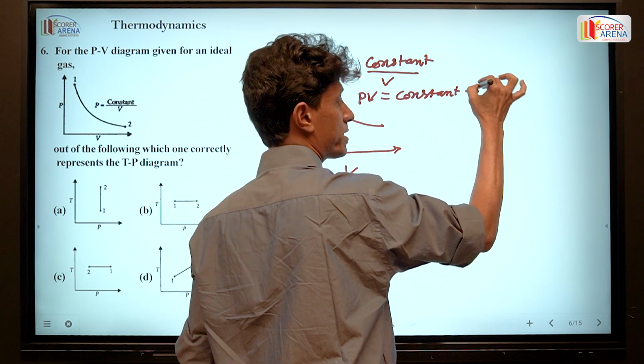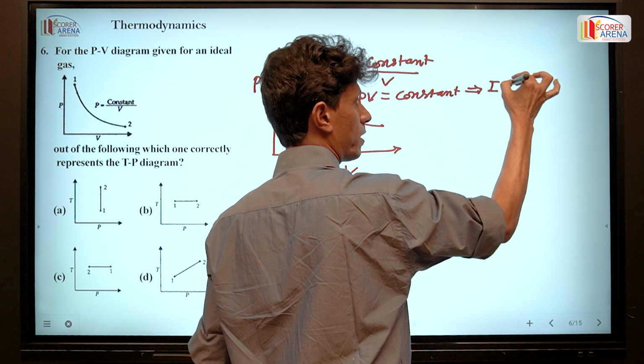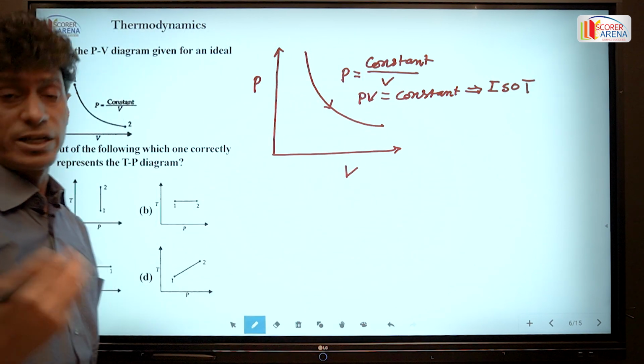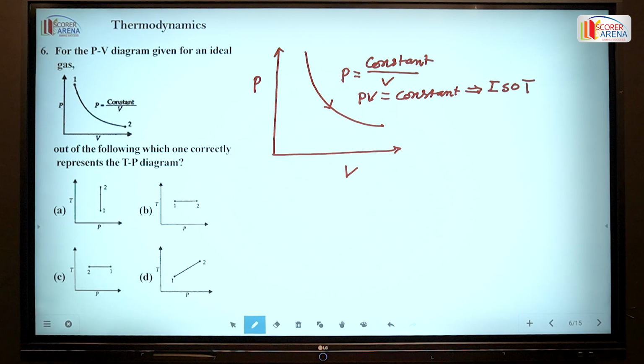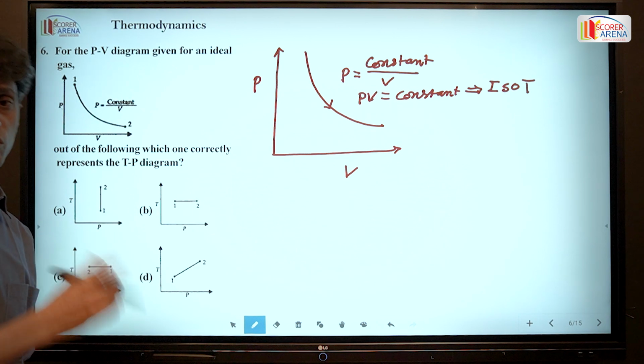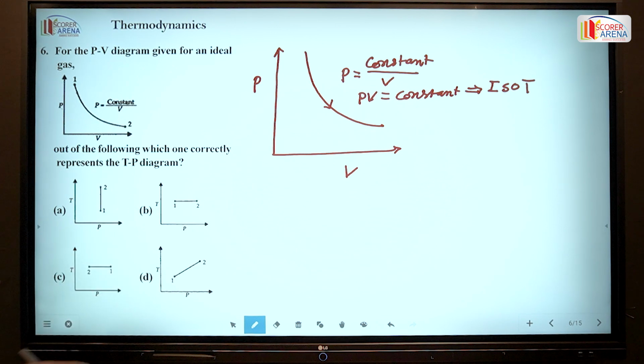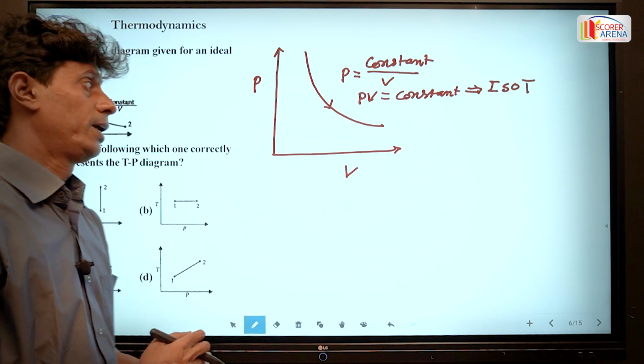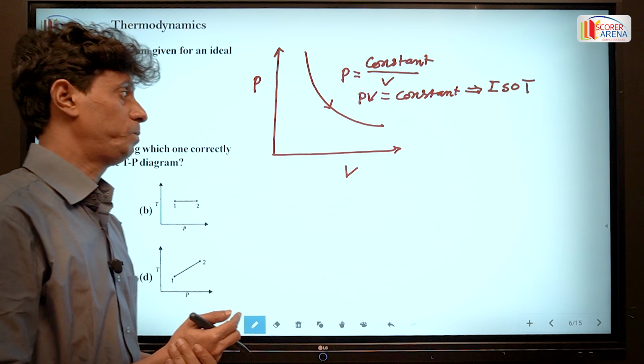So the process is iso-T. Here iso-T stands for isothermal process, that is, the temperature of the gas is constant. Pressure and volume of the gas change as per Boyle's law.